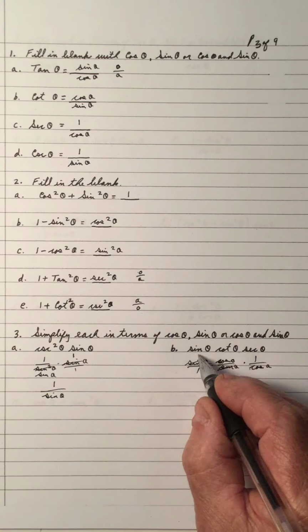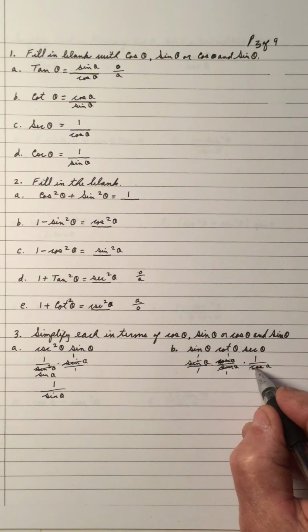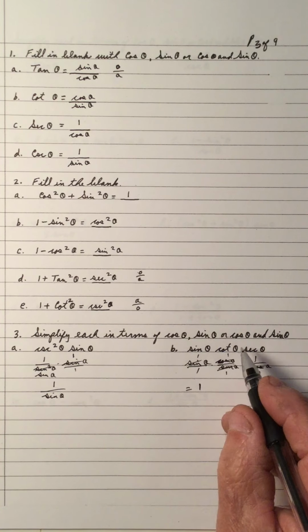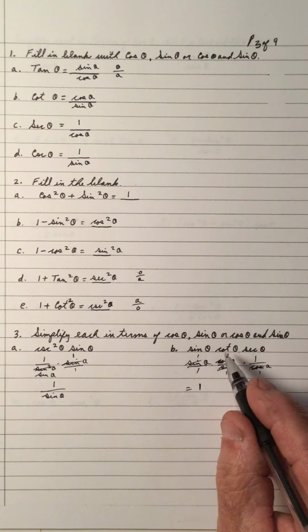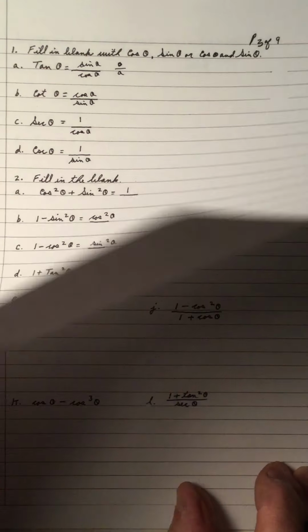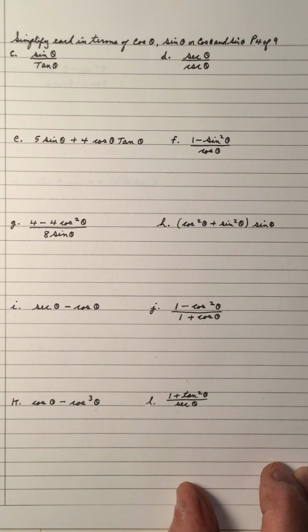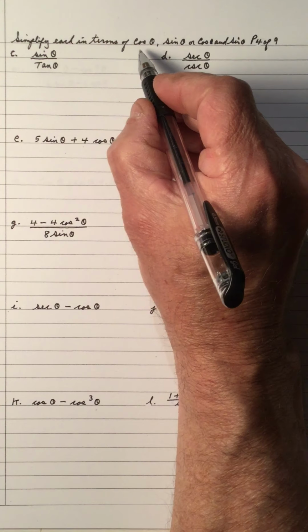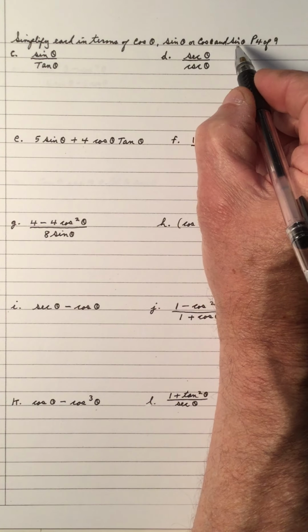So the sines cancel, the cos cancels, and I get 1 over 1, which is 1. Remember, tan is sine over cos, so cot is cos over sine. Again, memorize them, because you need to know them readily when you're doing identities. Simplify each in terms of cos, sine, or cos and sine.